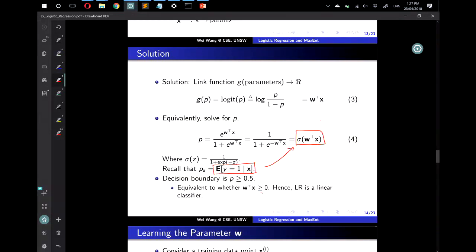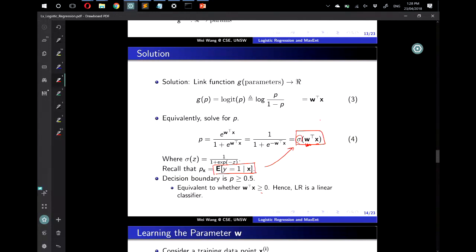My model does a prediction on the probability, and the probability is a function of x: take a linear function of x, which gives you a scalar value, and then you apply a nonlinear transformation to reduce it to between 0 and 1.